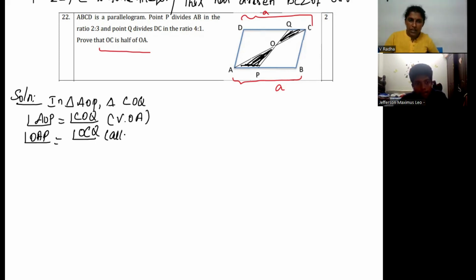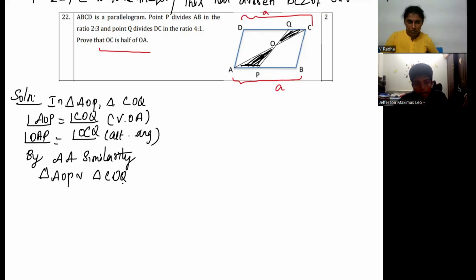That is alternate angles are equal. By AA similarity, triangle AOP is similar to triangle COQ. Correct? Yes, ma'am.